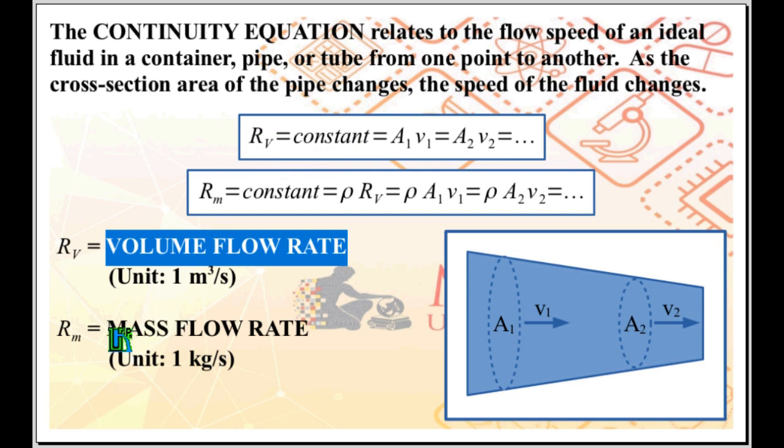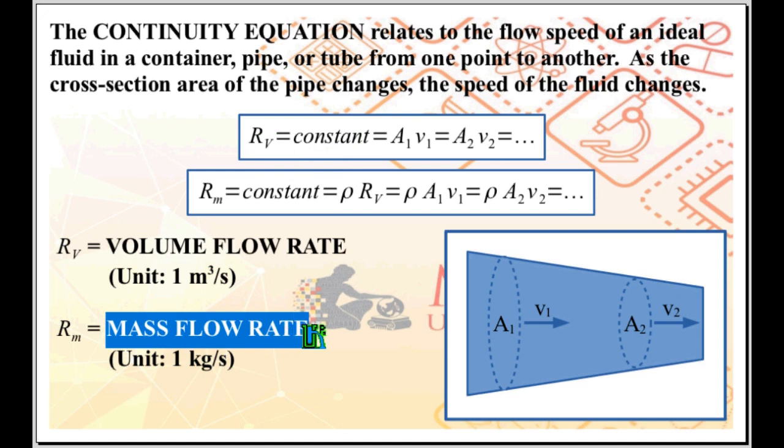The same goes for mass flow rate. Instead of the amount of volume passing through a given location, you have the amount of fluid mass flowing through a given point or location. You have mass flow rate R sub m, unit is kilograms per second.